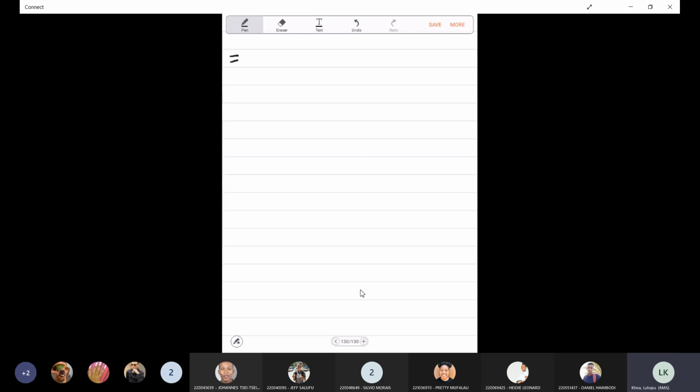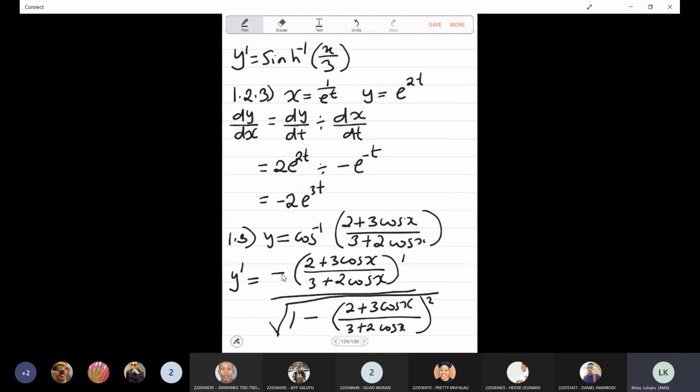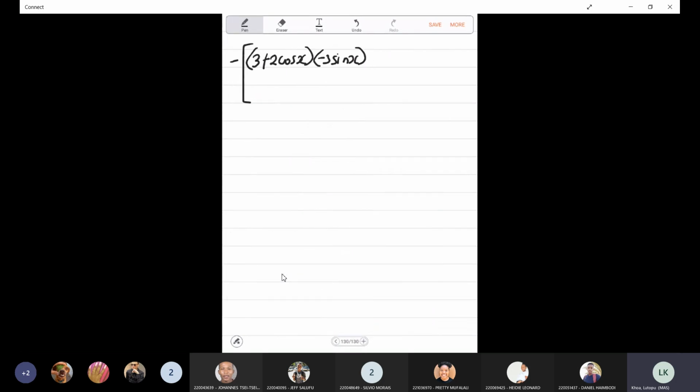We use the quotient rule. In the numerator, we have the denominator as it is, so it's 3 plus 2 cos x. And then we multiply by the derivative of the denominator, which is negative 3 sine x. And then we subtract. Okay, here there's this negative that I should put there. So this negative is this negative here. So don't forget about that one.